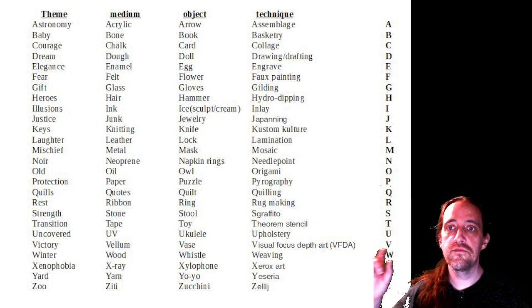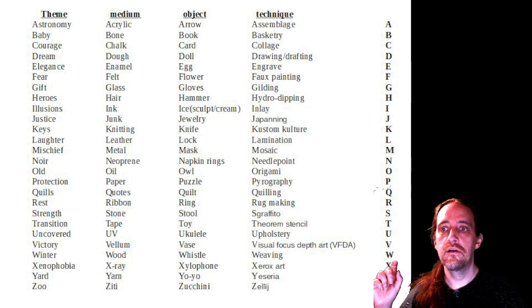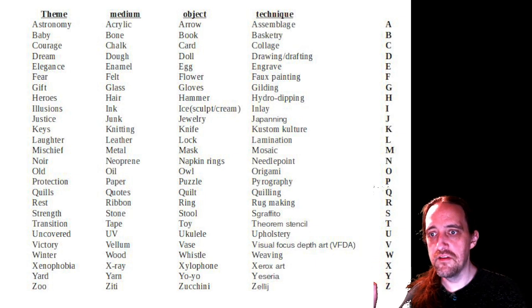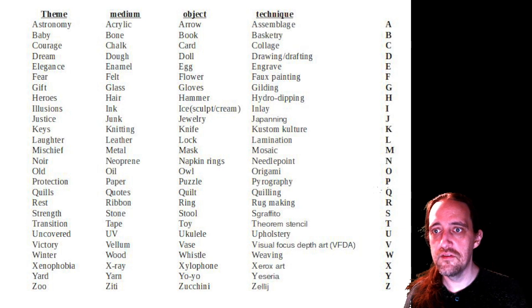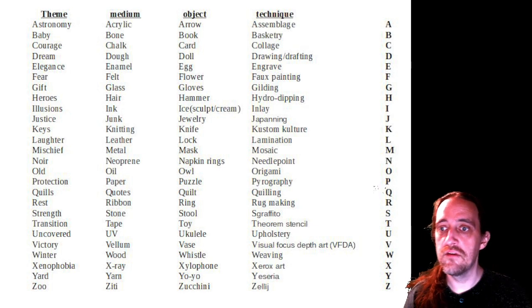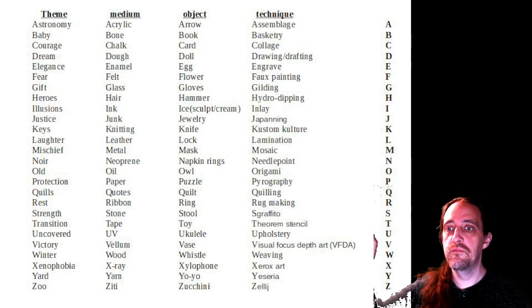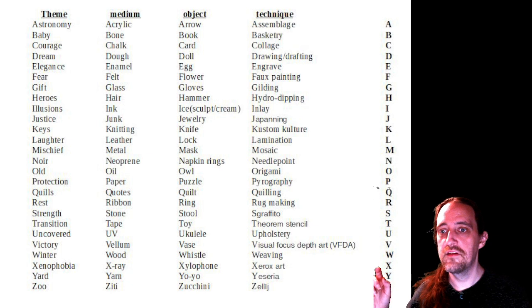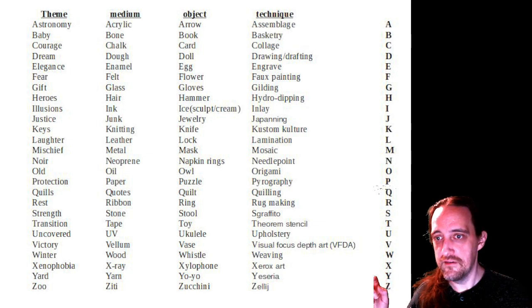But each of those four categories over on the side here are also accompanied by this column here, which is just the letter. And you're perfectly welcome to, if the only thing you want to do during the course of the month is do a calligraphy or hand lettered, like the old illuminated manuscripts, where you could do just a fancy block style patterned letter for the starting of a page of an ancient book or whatever.